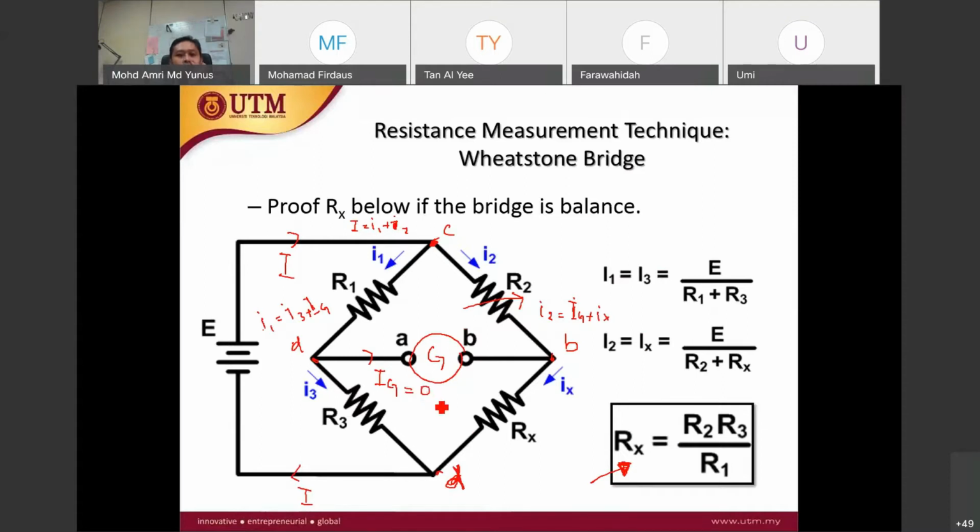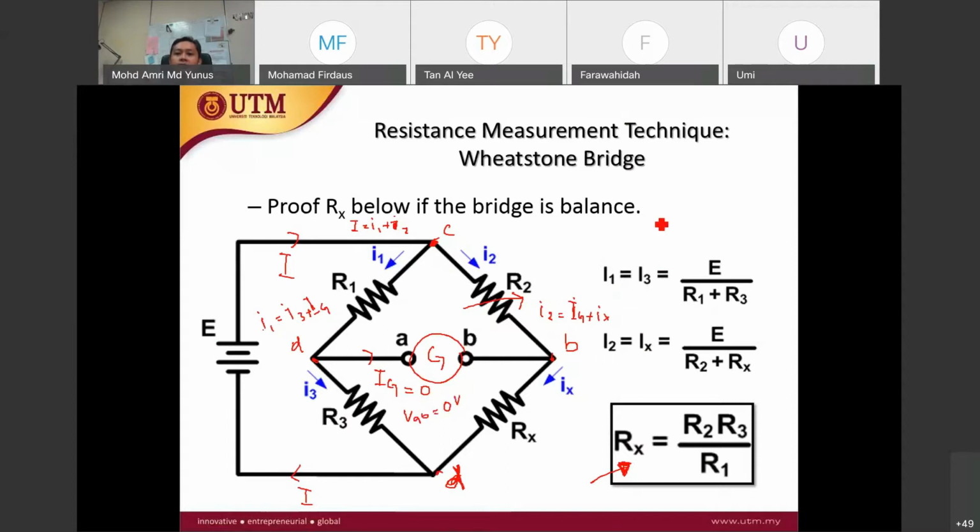When Ig is zero, I1 will be equal to I3 and I2 will be equal to Ix. So this is when it is balanced, when Ig is zero or VAB is equal to zero volt. So I1 will be equal to I3.